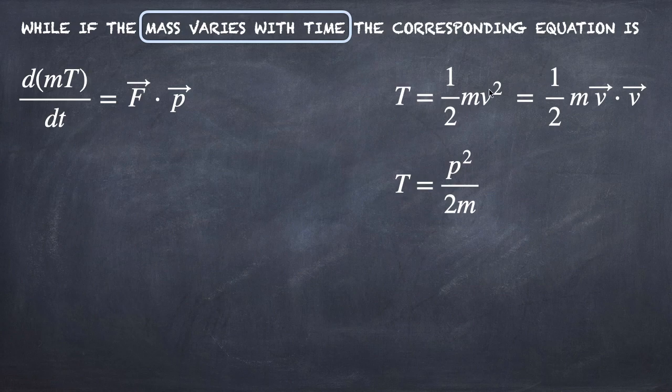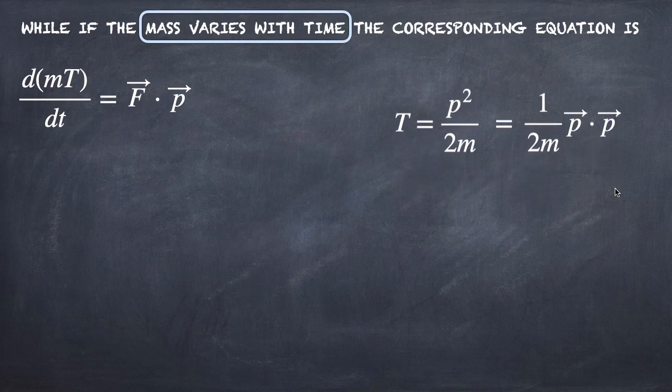So if you multiply this equation by m in the numerator and in the denominator as well, this is going to be m squared v squared, which is p squared, over 2m. And doing the same, writing this as a scalar product, we have 1 over 2m p dot p.